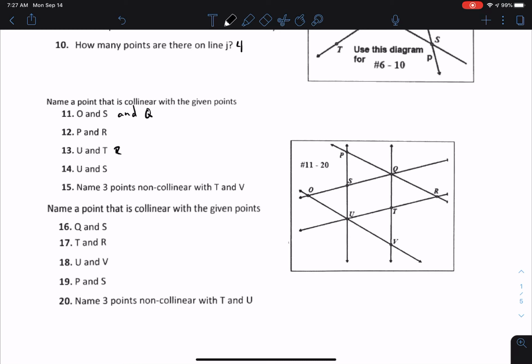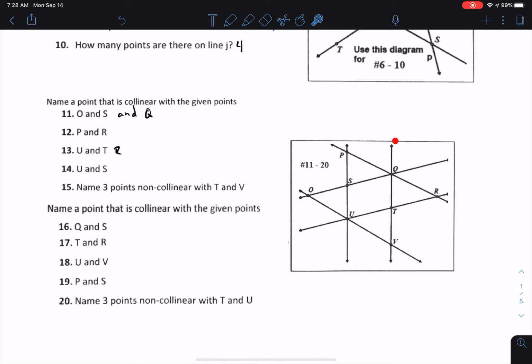Number 15. Name 3 points not collinear with T and V. Not collinear means not on the same line. So T and V, TV is right here. So not on the same line. You could literally say any other dot except for Q, and you have to name 3 of them. So you could say U, S, P, O, or R. Because it says non-collinear.